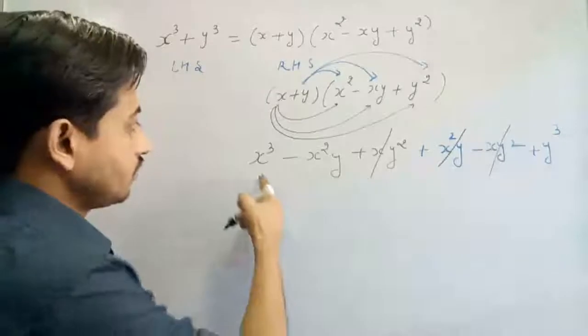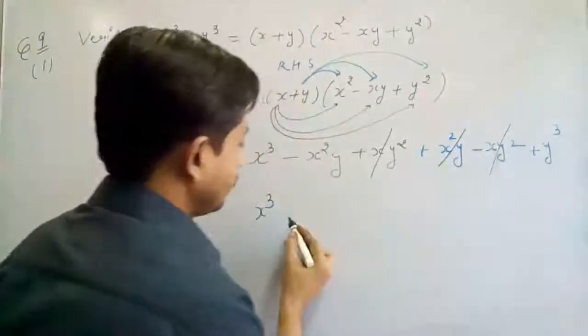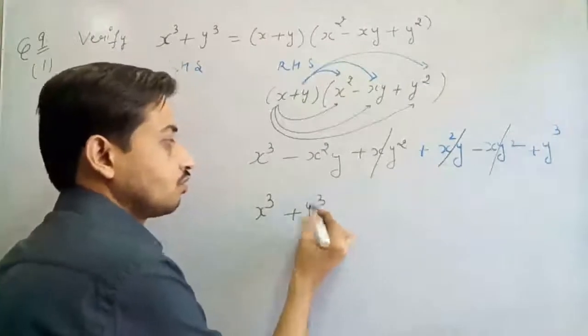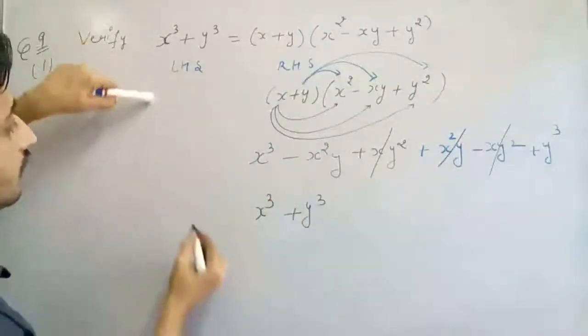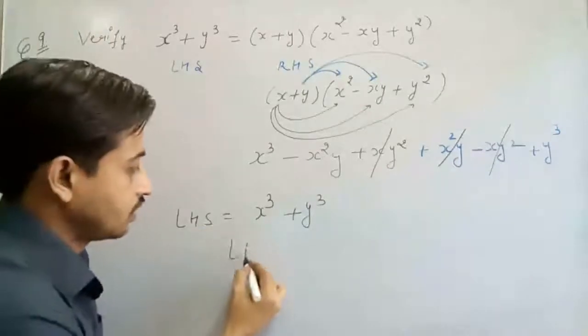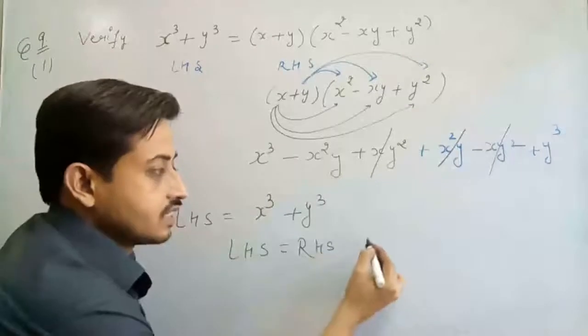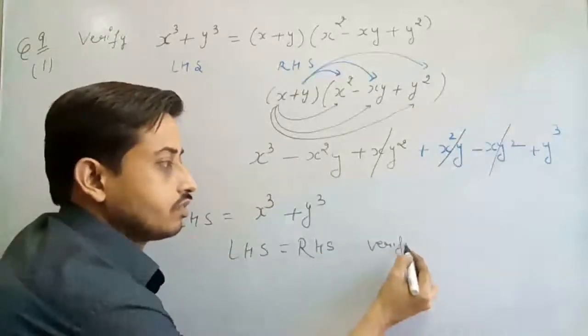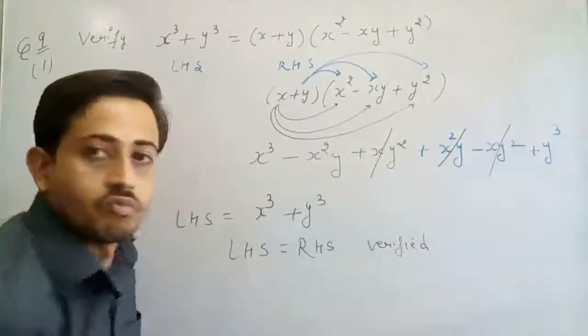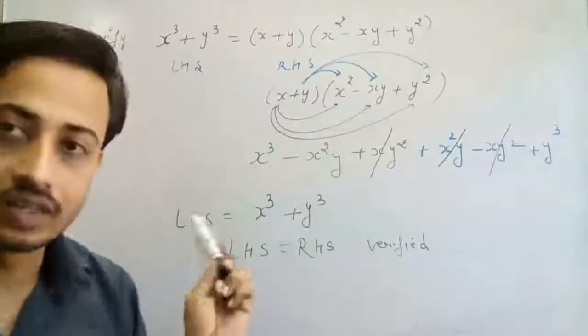What will we get? We get x cube, all these terms are cut, and we get plus y cube. And this is what? Left hand side. So left hand side is equal to right hand side. We have verified. It's very simple. So please make a note.